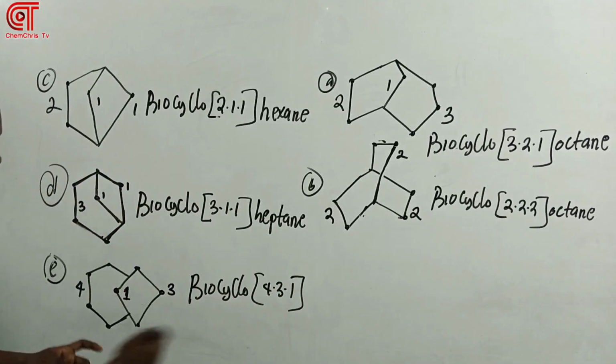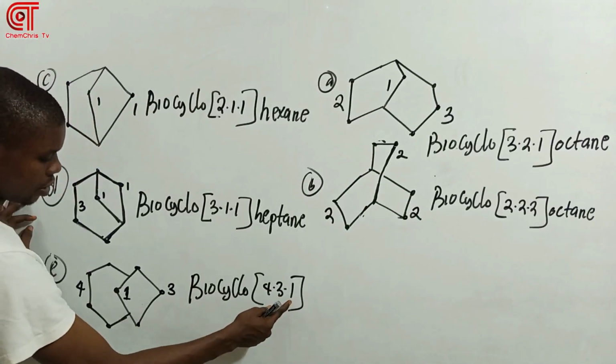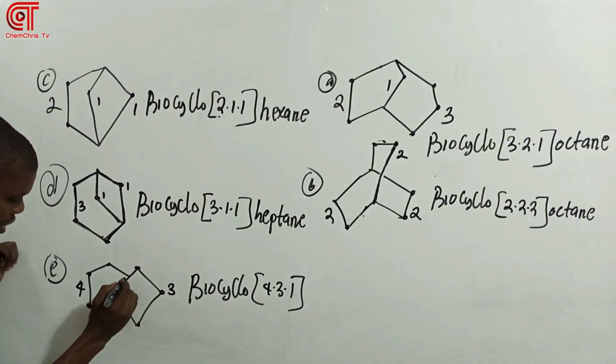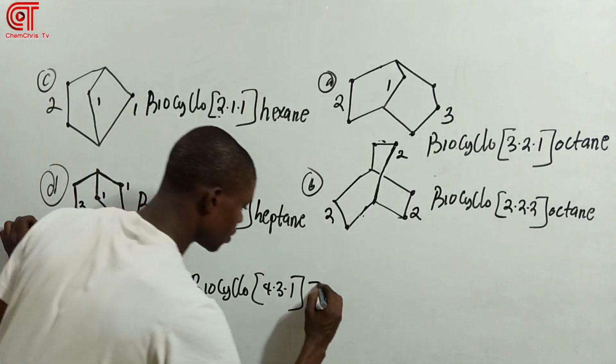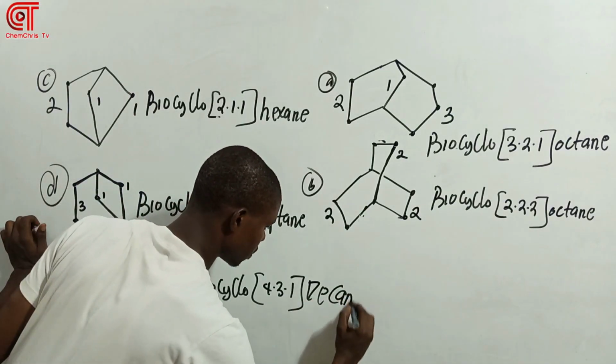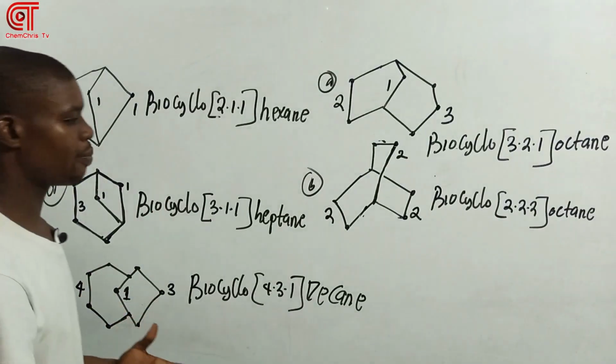Right? So 4 plus 3 plus 1 will give me what? 8. Right? Plus these two bridge here and here make me what? 10, right? 10. So you can see how easy it is knowing bicyclo compound.